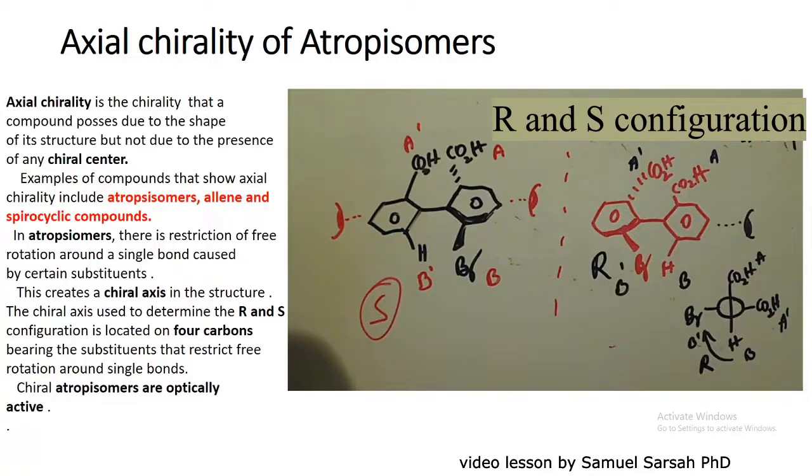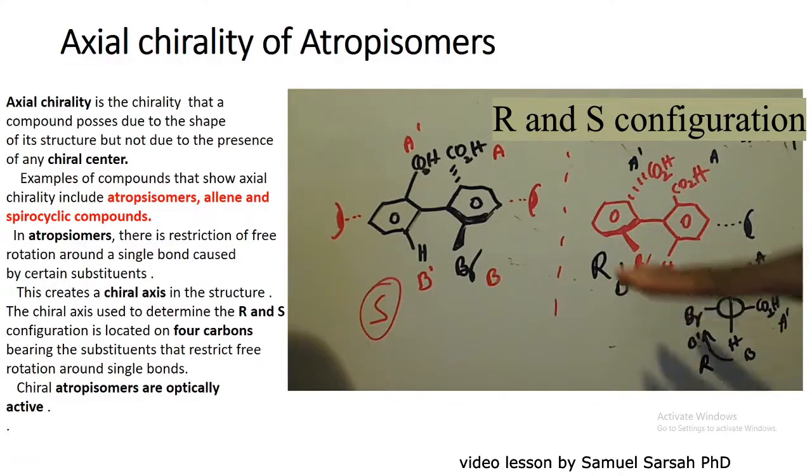So always determine which side you are looking at and choose the lowest priority, and then look at the other side, which one is the highest priority, and move the arrow towards that higher priority. So in this case, of the vertical side that I'm looking at first, the hydrogen was the lowest priority, so I started from there.